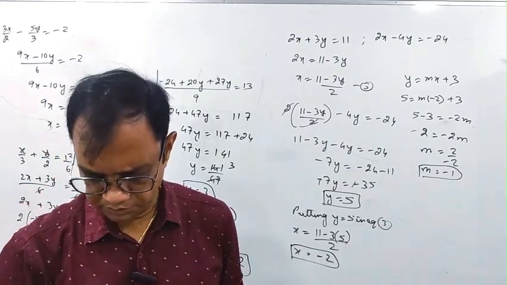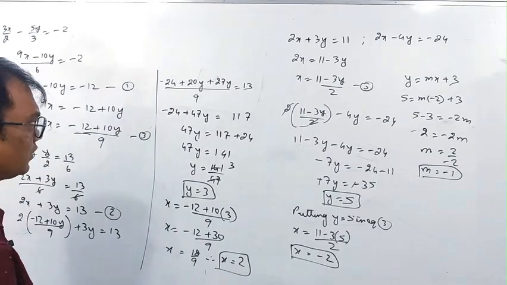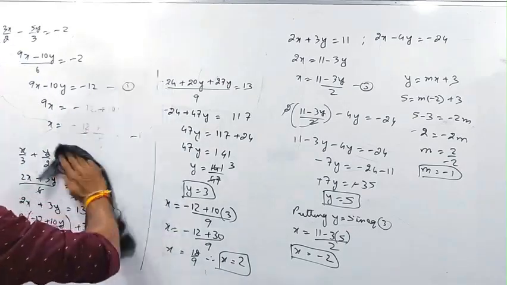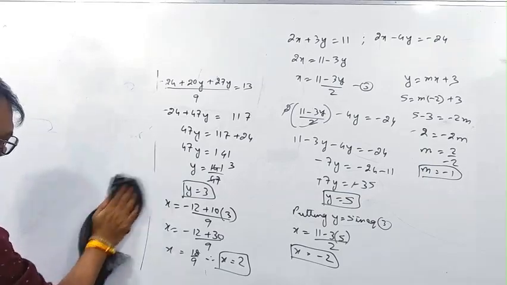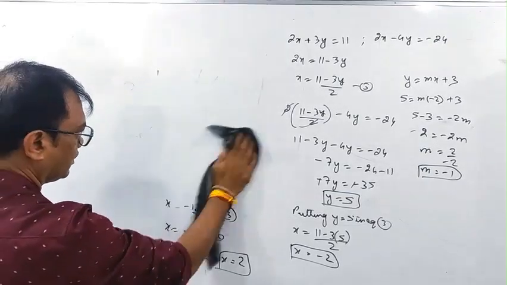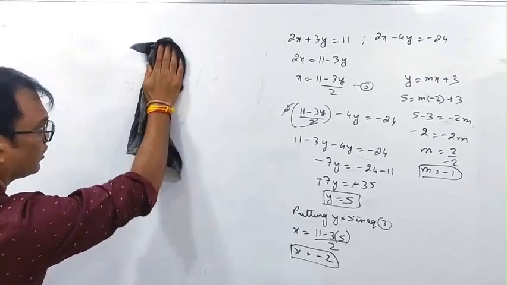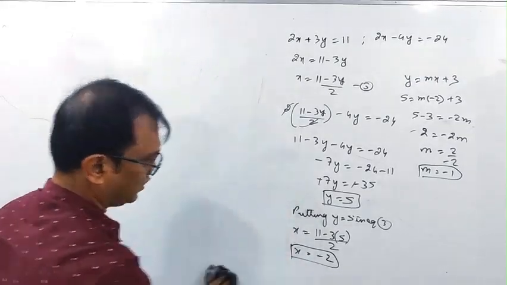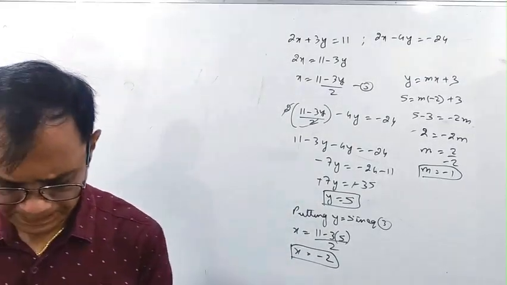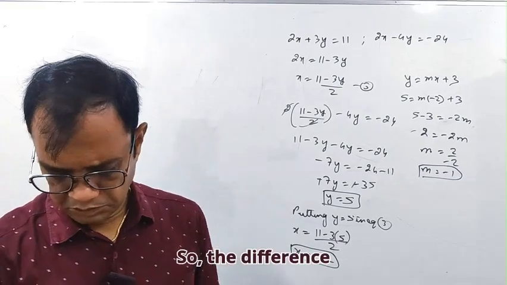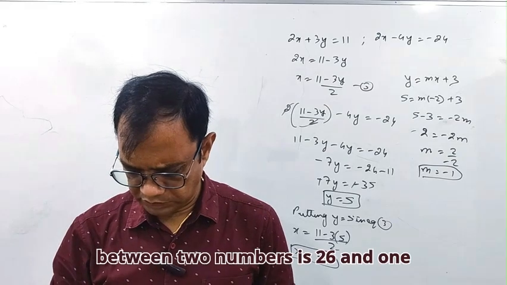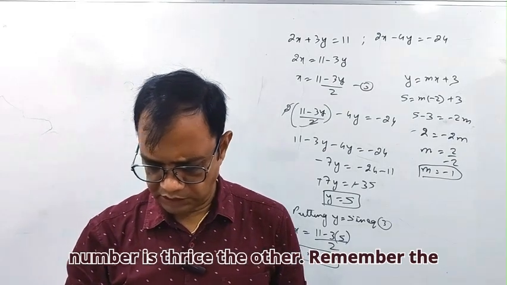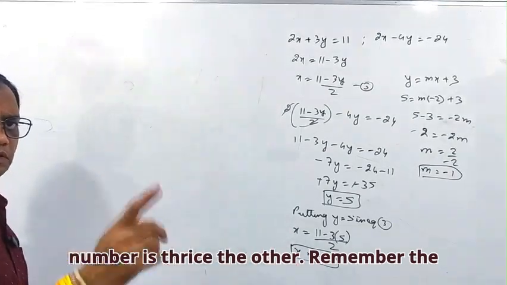Most important. The difference between two numbers is 26 and one number is thrice the other. Remember the rules.